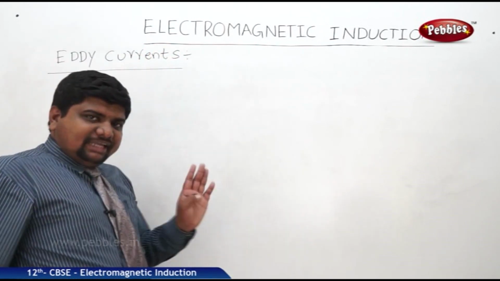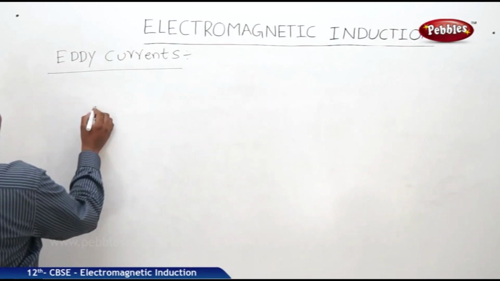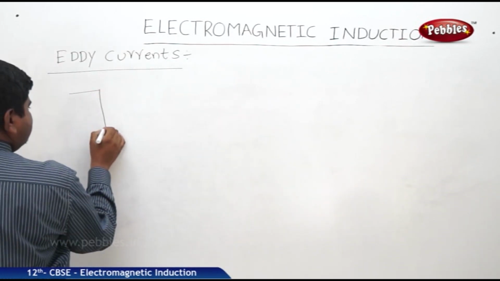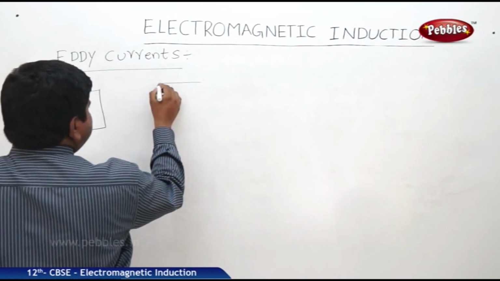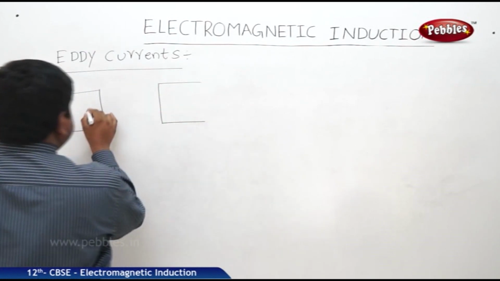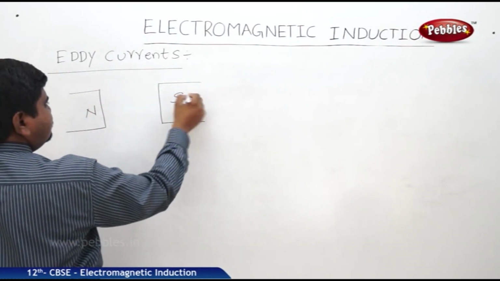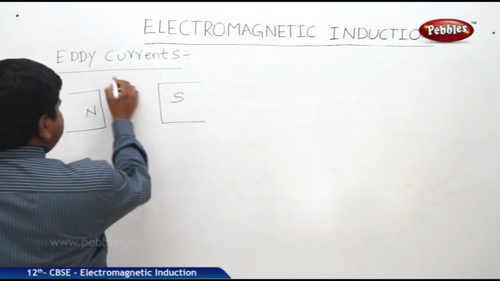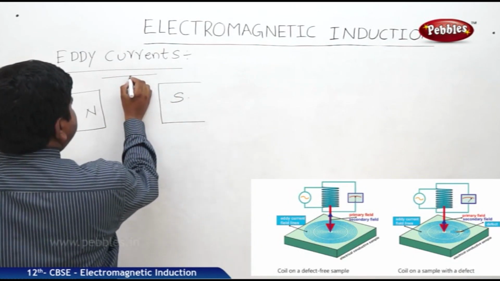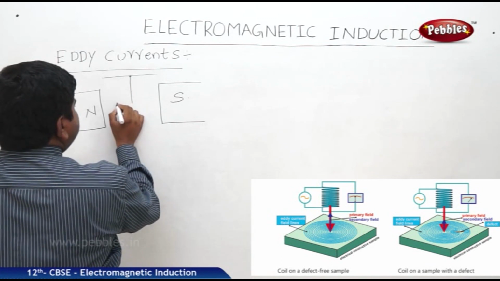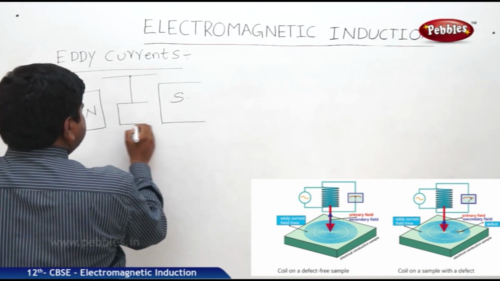What is the meaning of eddy currents? See, these are the strong magnetic fields or magnetic poles. In between the magnetic poles, with the help of one pivot, one metallic conductor is hanged.